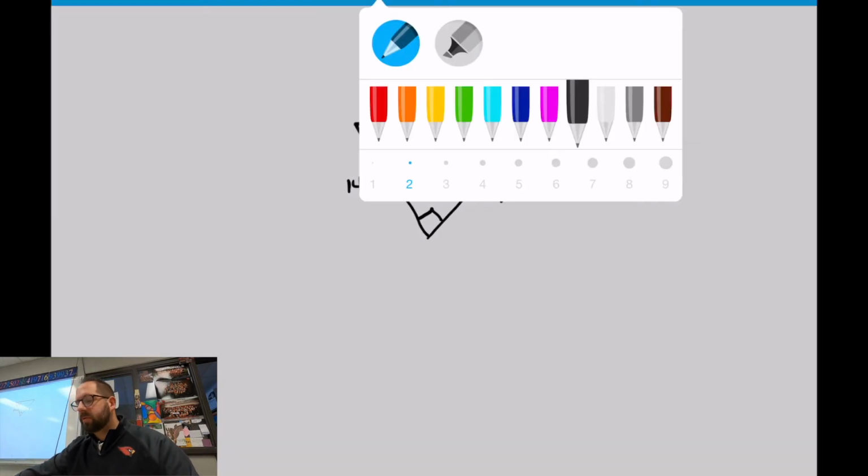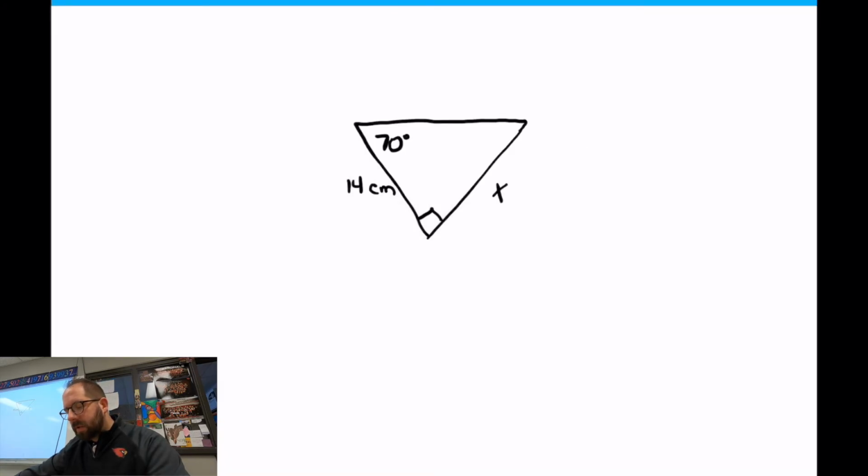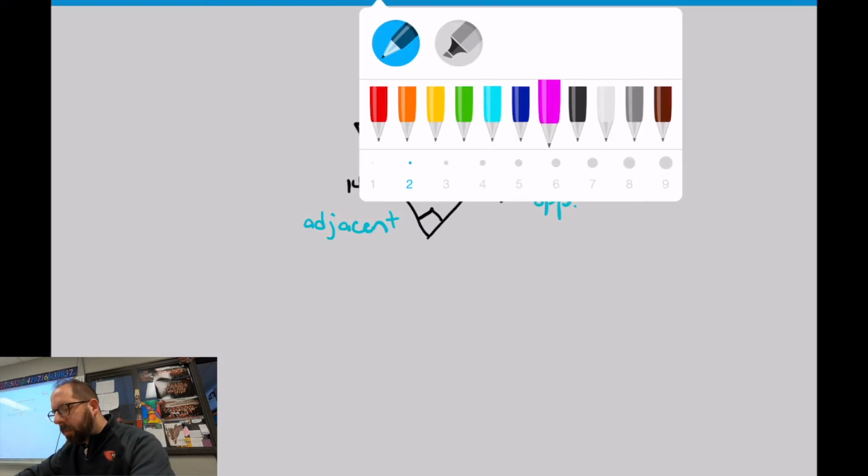We have to label. So what are my labels going to be? What is the side with the X called? Opposite, right? It's across from your angle, so that's the opposite wall. Okay, good. And what is this wall called with the 14? Adjacent. So if I go to my Sohcahtoa part, again, this is my angle here, it will tell me which formula I'm picking.